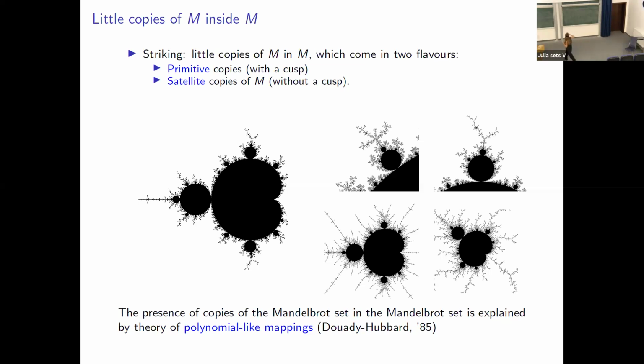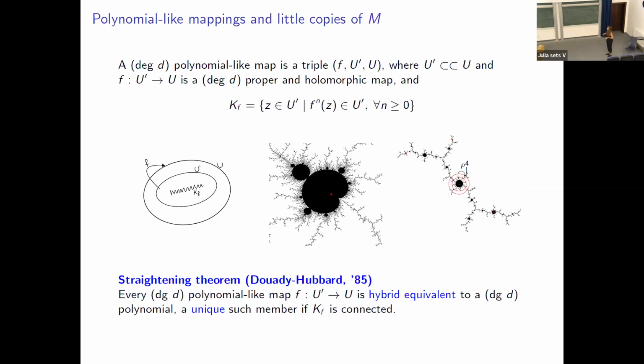And the presence of these copies is explained by the theory of polynomial-like mappings, which was developed by Douady and Hubbard in the early 80s. So, what is a polynomial-like mapping?